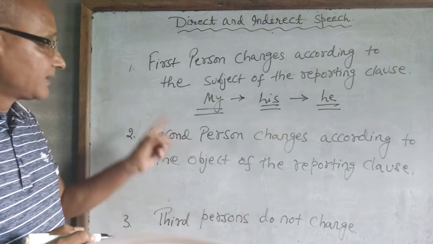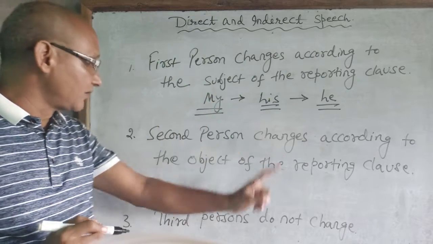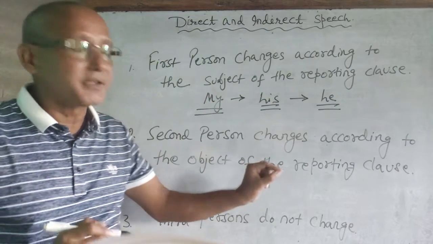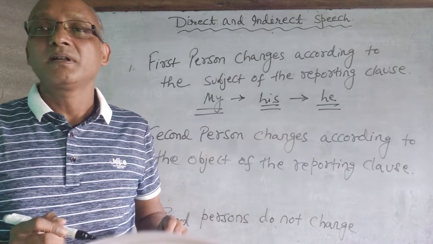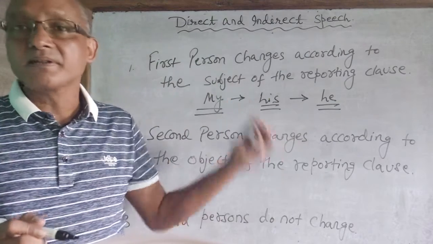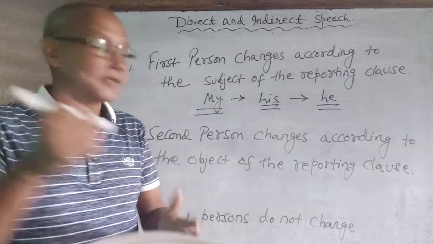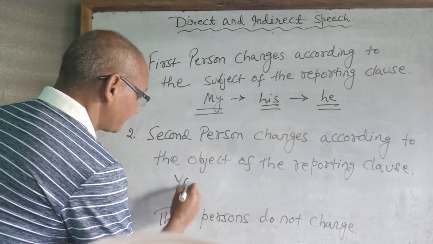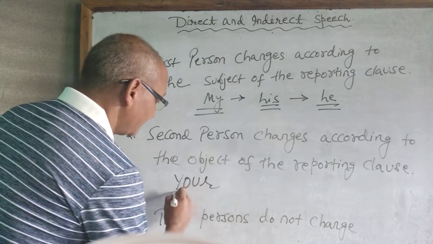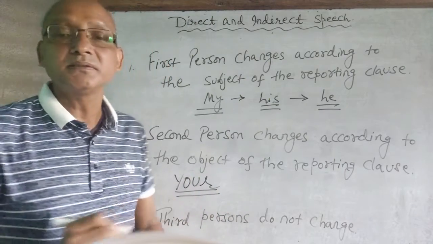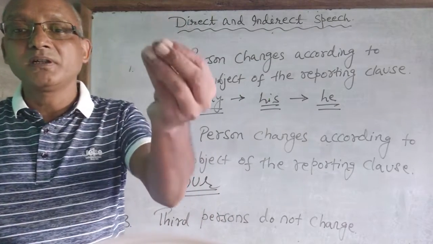Number 2, second person changes according to the object of the reporting clause. Like in my previous slide, what you saw was your as the second person. What happened to your?